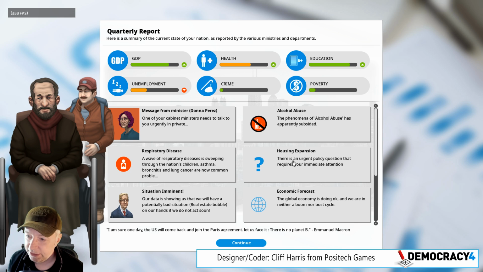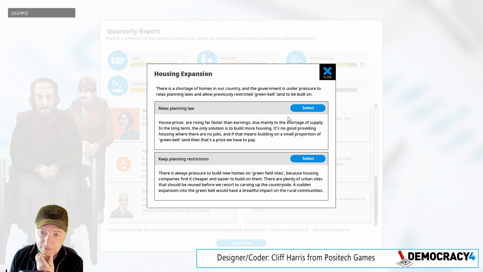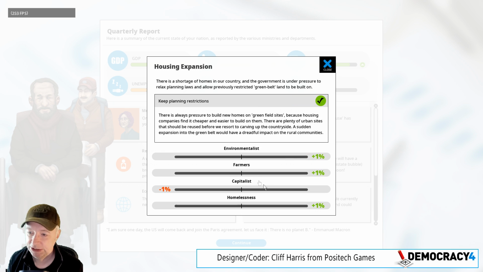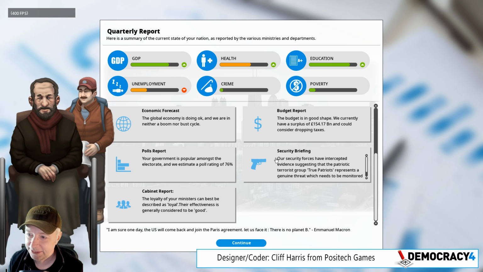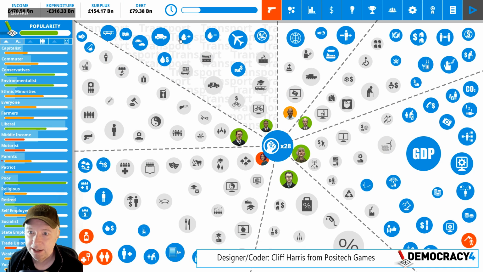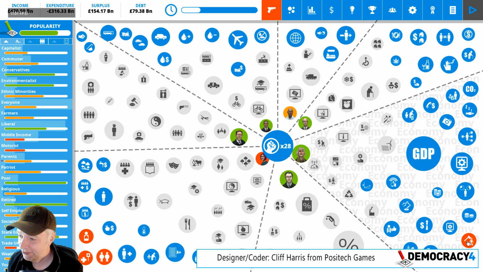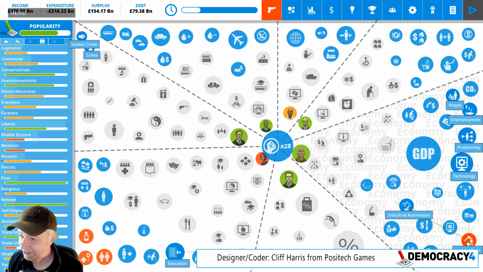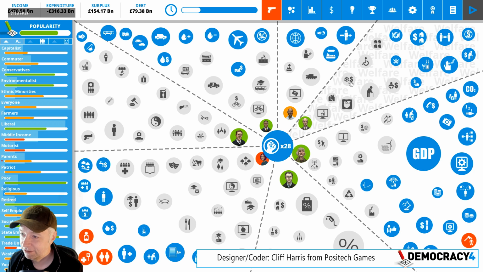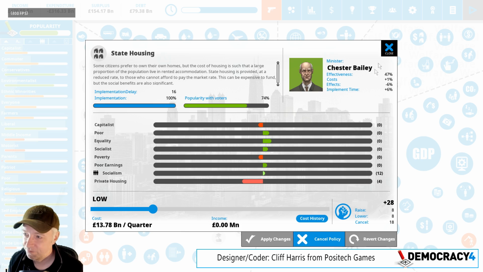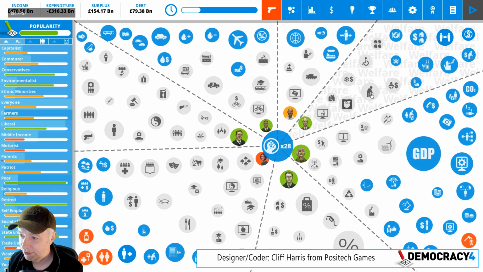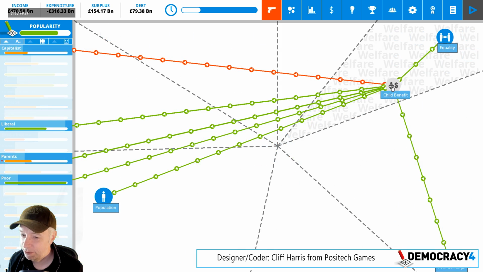I'm just going to try and trigger a complete disaster. I'm going to keep planning restrictions. I'm going to try and do unpopular stuff, actually. Although, no, look, the economy is going amazing, which is quite annoying. I don't have enough things. How can I really screw people? How can I make the poor angry?